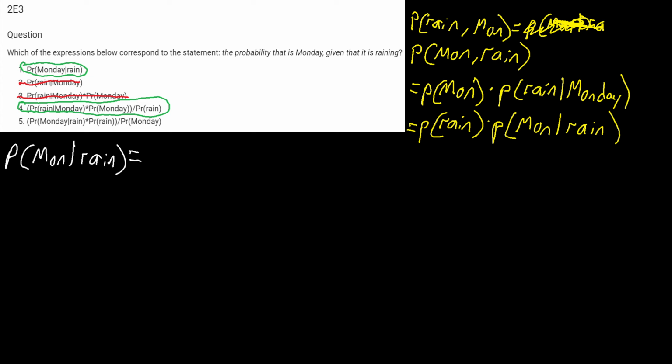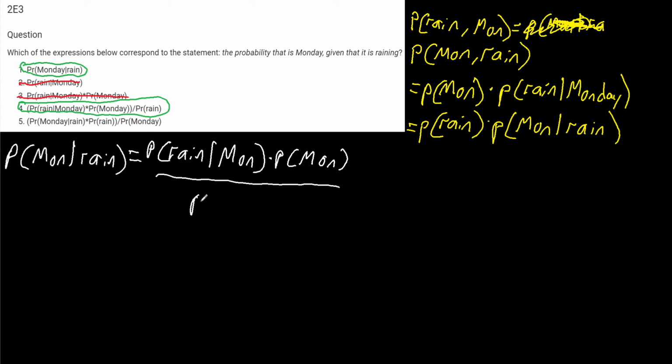So I could say that the probability of Monday, given that it is raining, by Bayes' theorem is equal to exactly what we have there: the probability of rain given Monday times the probability of it being Monday, and all of that divided by the probability of rain.